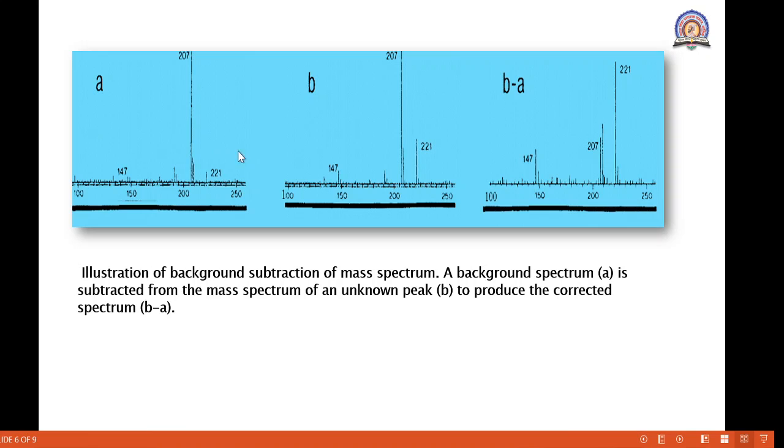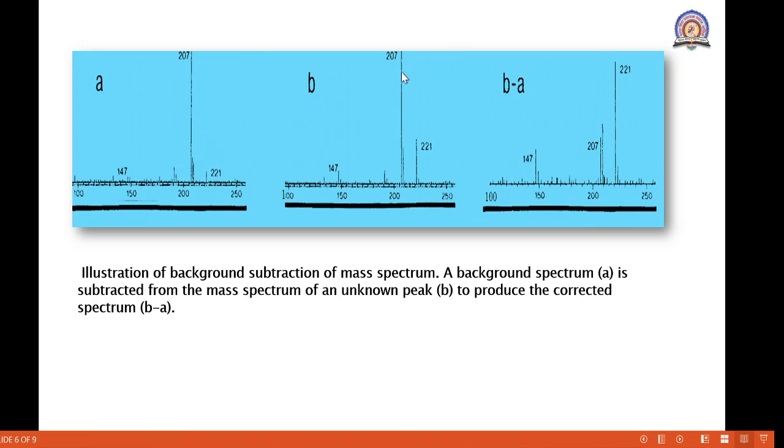While B is the mass spectrum of the unknown peak, and this is the background subtracted peak. It means B minus A, we are getting this peak.